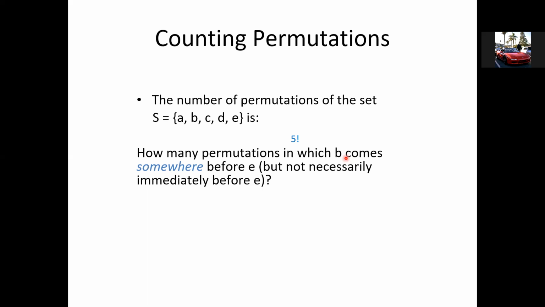So whichever two letters you choose and say, I want them to be in this relation, the number of such permutations should be independent of whether you chose A and C, or E and D, or B and E, or E and B, right? Making such an imposition should reduce the set of permutations in the exact same way. So the B first and E first sets are the same size. The set of B first permutations and the set of E first permutations have the same size.